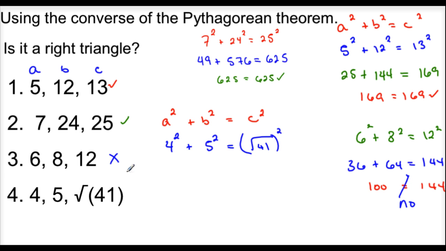You're thinking, okay, let me take the square root of this, but I still have to square. So 4 squared is? 5 squared is? 25. And the square root of 41 squared, what happens to these? They cancel out. They simplify, so you're just left with 41. What's 16 plus 25? 41. Does 41 equal 41? Yes, so this is also a right triangle.